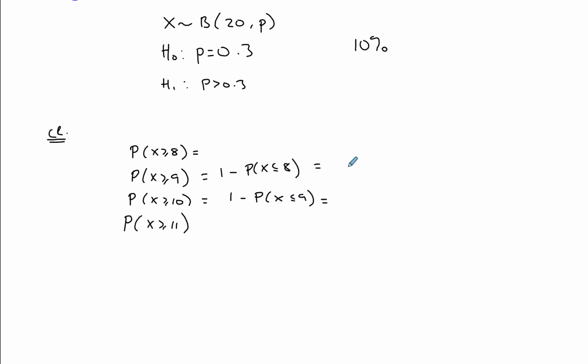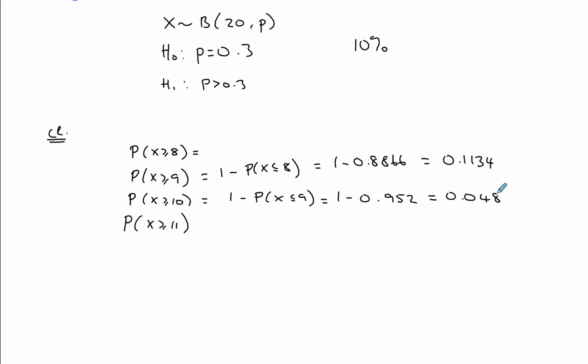Because this one is 0.8866 and the greater than or equal to 10 is going to be 1 minus 0.952. That corresponds to a probability value of 0.1134 and 0.048.